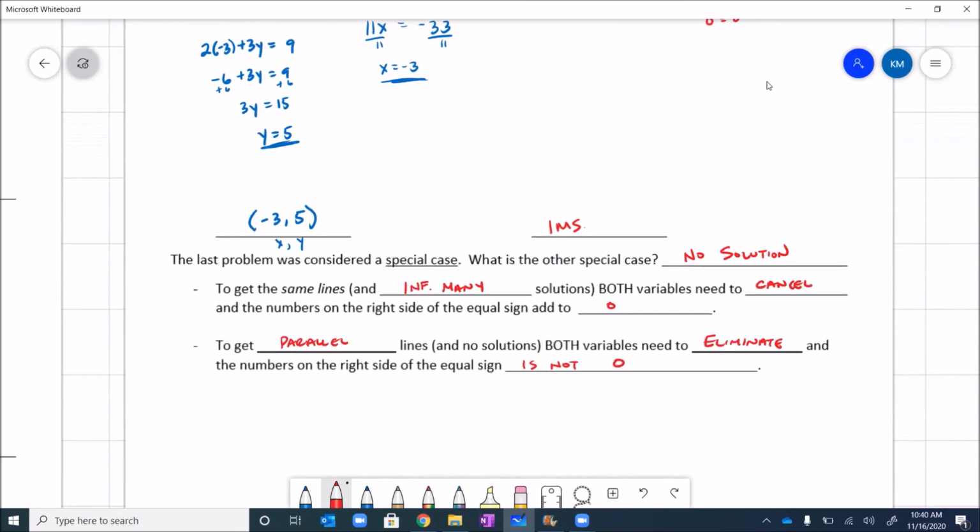Or basically, remember, if it's a true statement, then it's infinitely many solutions. And if it's a false statement, then it's parallel, no solutions. Okay? And so that's our third method of solving systems of equations by elimination.